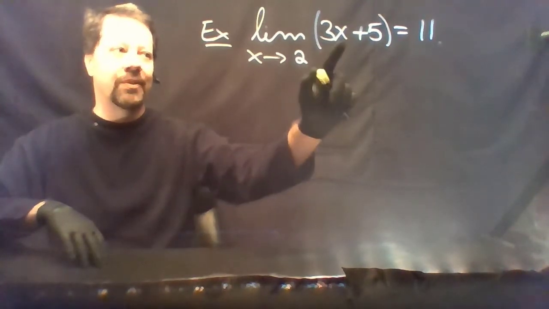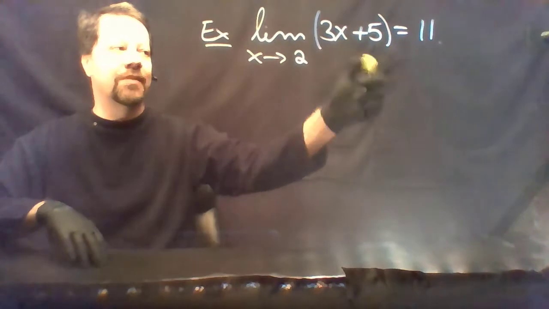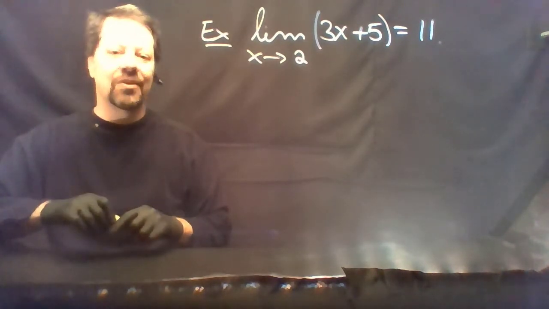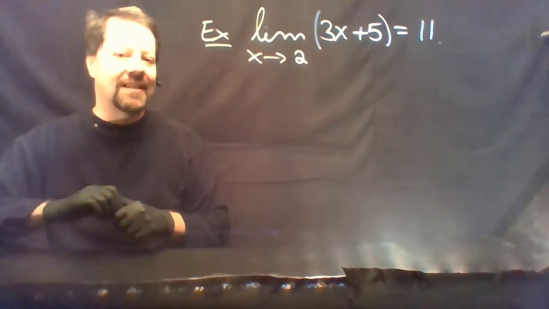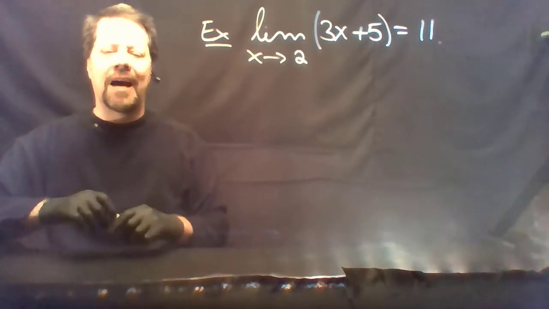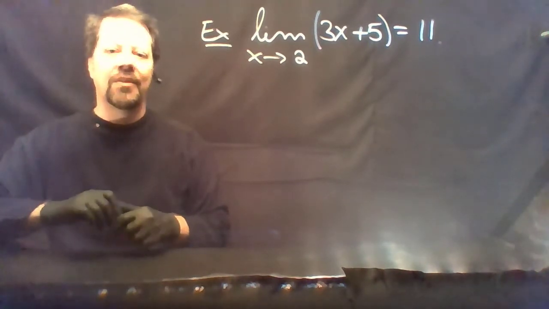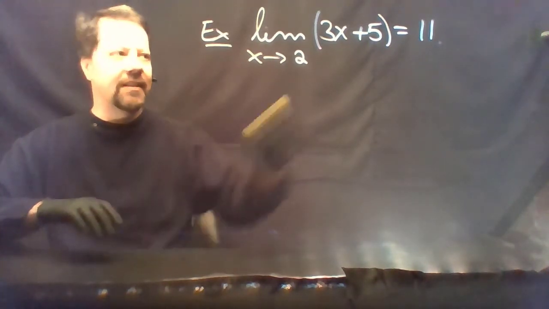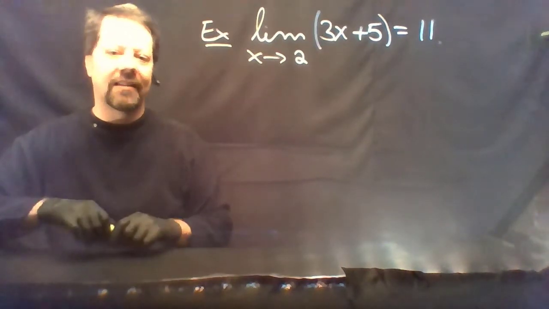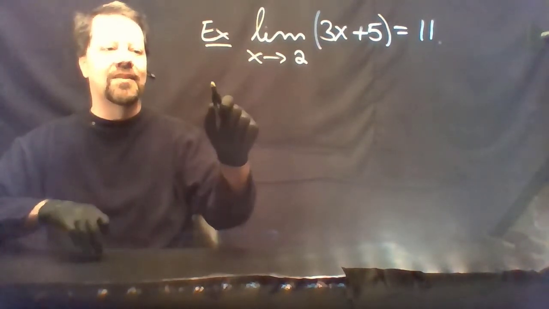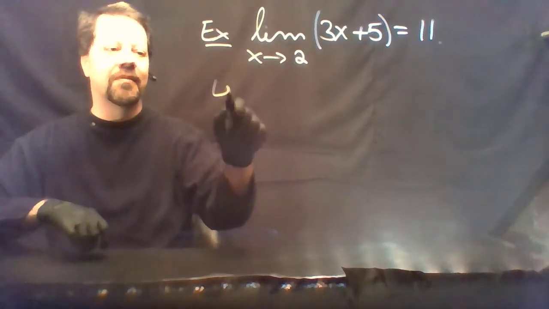You can plug the 2 in. 3 times 2 is 6 plus 5 is 11. So this is true, but let's use our epsilon delta approach. I'll show you how to find delta, which is a function of epsilon in the case of a linear function like this. So here's how our proof goes.